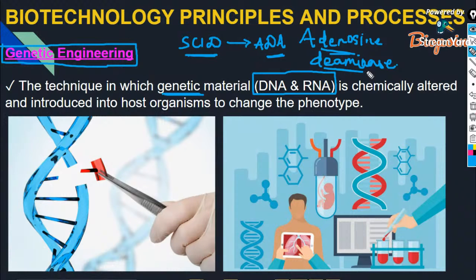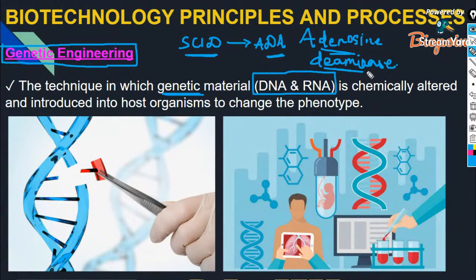So simply, what is genetic engineering? It is a technique in which the genetic material, that is a particular gene or a DNA or an RNA, whichever is present in the organism, is chemically altered.